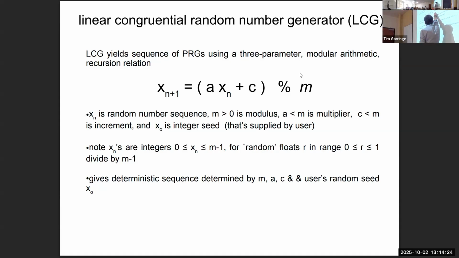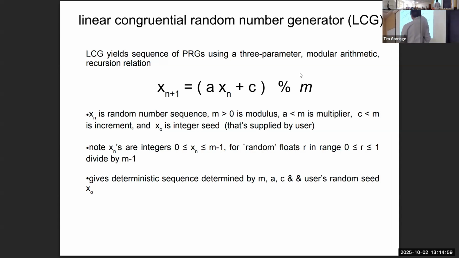There's a slightly more complicated, a very similar version of a multiplicative random number generator that is the linear random number generator that adds a constant to the recursion relation. So now instead of 2 parameters, the modulus and the multiplier, you've got the modulus, the multiplier, and the offset C. This is the new parameter.